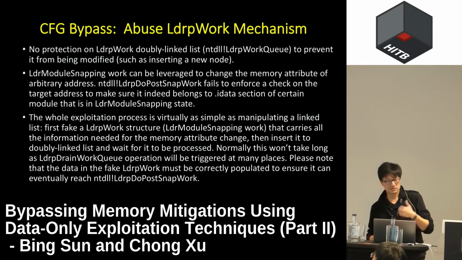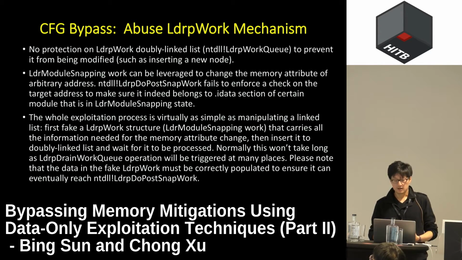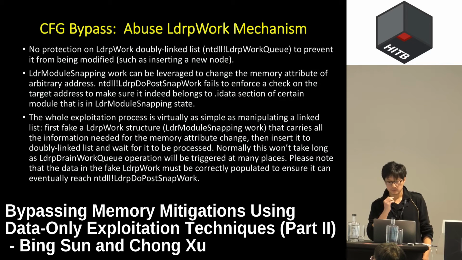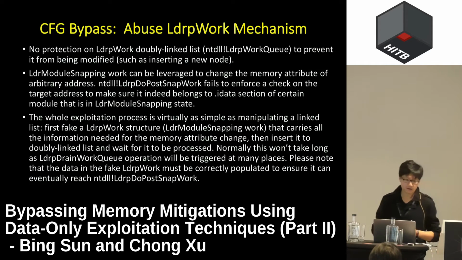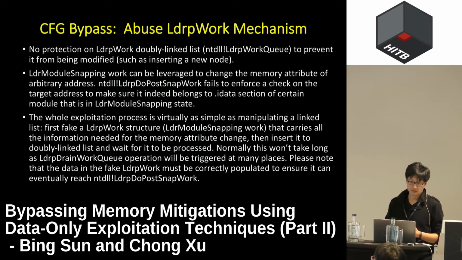In addition to the stack address leaking, the LdrpWork mechanism can also be abused to make arbitrary read-only memory writable, to bypass CFG. This is possible because first, there's no protection on LdrpWork's doubly linked list to prevent it from being modified. Second, the loader module snapping work can be leveraged to change the memory attribute of arbitrary address.